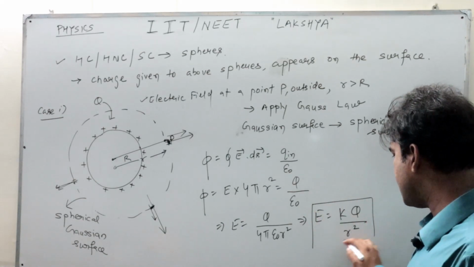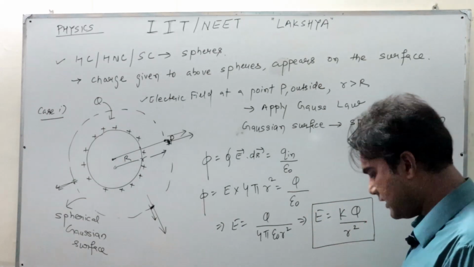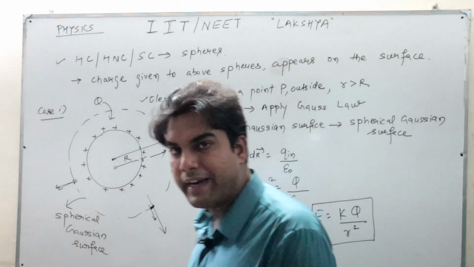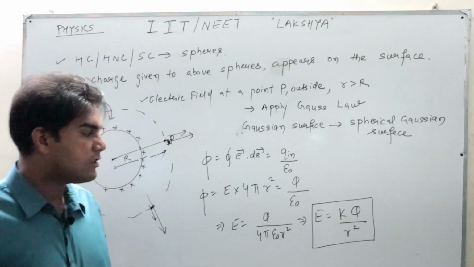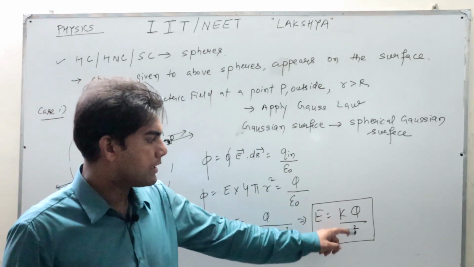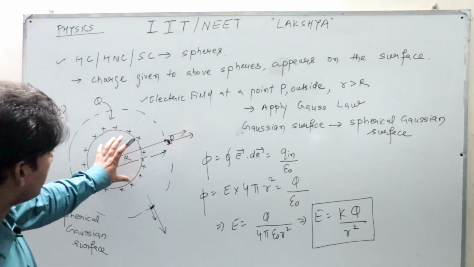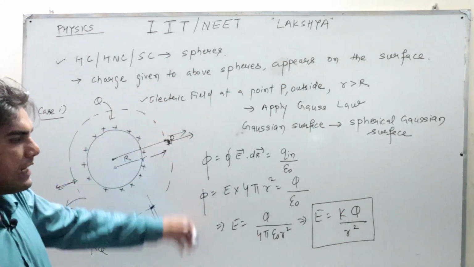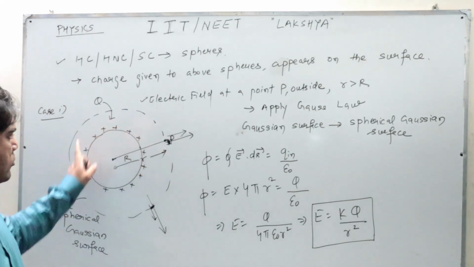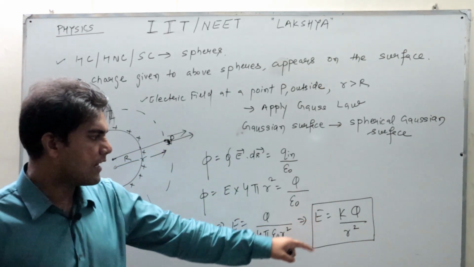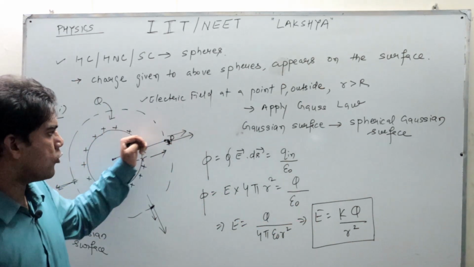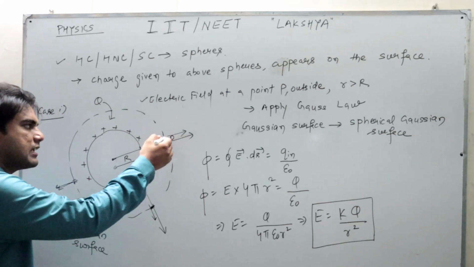Have you seen this formula earlier? Yes, you might have seen it in case of a point charge. In case of a point charge also the formula was the same, kq by r square. It means for a point outside the sphere, the electric field at that point is kq by r square radially outward. Suppose the point P is here, then the electric field is in this direction.